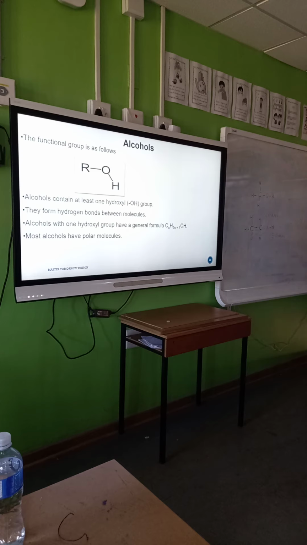From 3 going up, we need to indicate where this OH is, as we did with ketones. Let me say I'm giving you a structure, and this structure is 4 carbons: 1, 2, 3, this is the 4th carbon. And then by here we have OH.